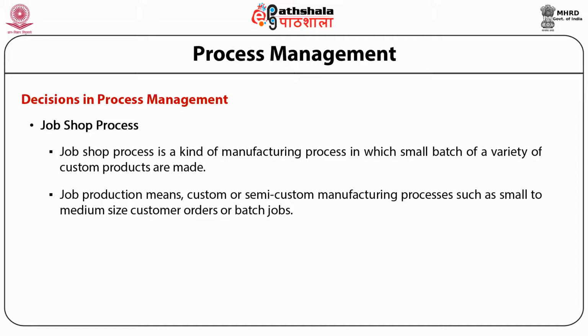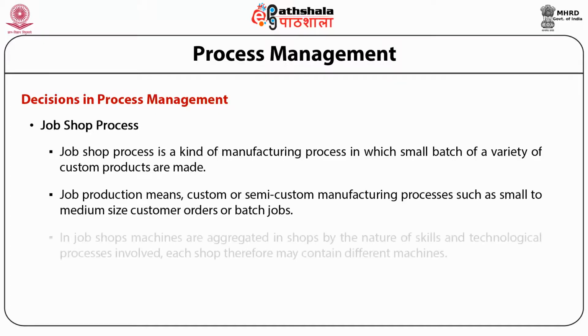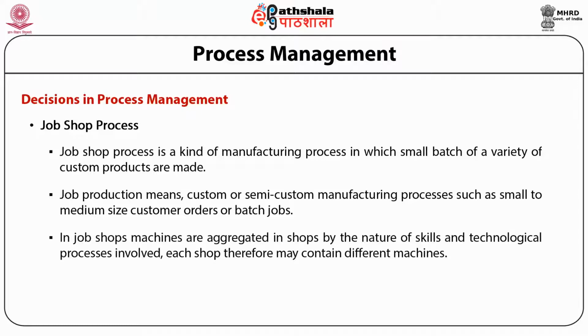Job shops typically move on to different jobs, possibly with different customers, when each job is completed. Job shop machines are aggregated in shops by nature of skills and technological processes, and therefore may contain different machines.